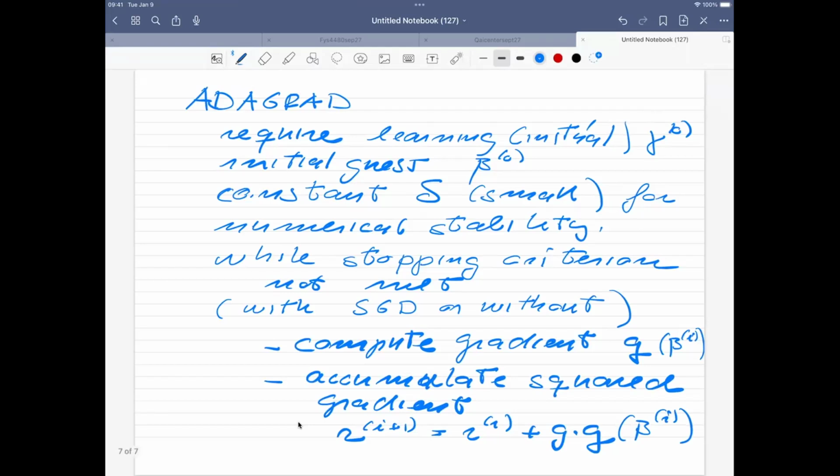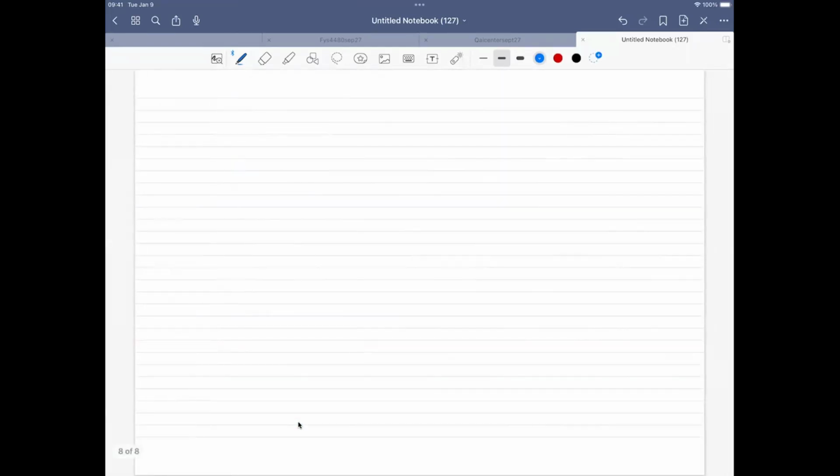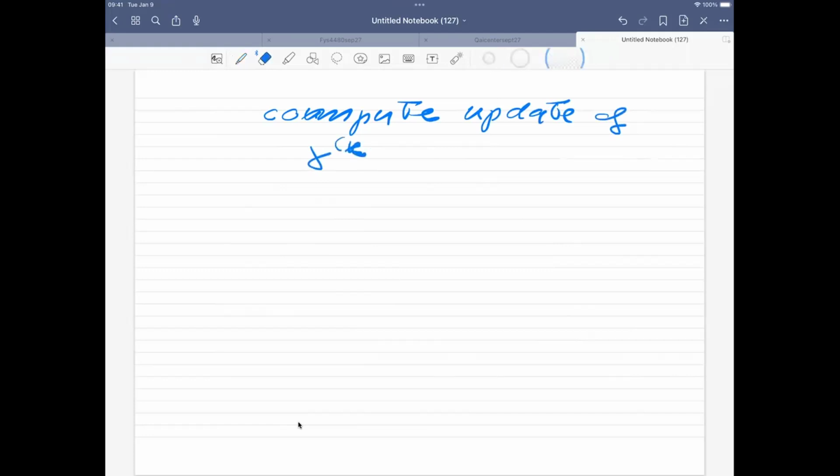So the next step is to compute the update of the learning rate. We would have a gamma of i, since I used i for these iterations, which is simply given by gamma 0, the original one, divided by this delta plus the square root of this quantity R of i. Remember that this delta is a small parameter, which we plug in in order to avoid divisions by 0.